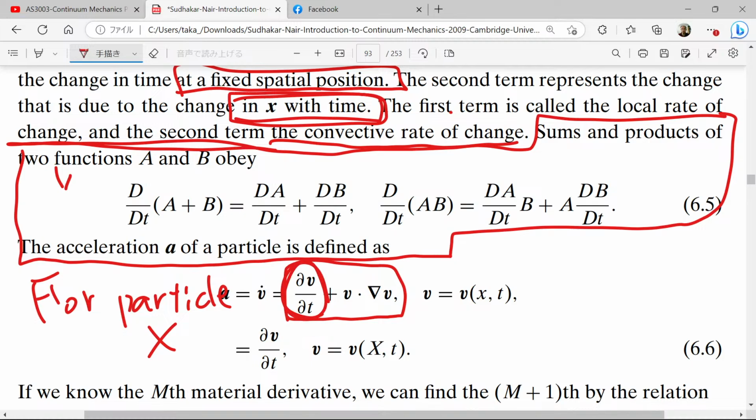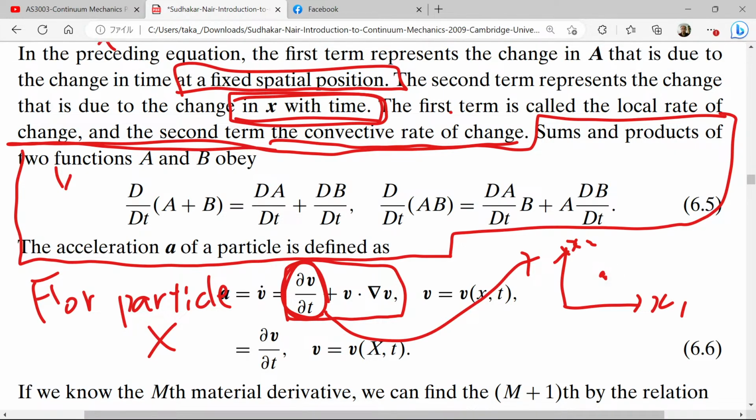So this one, particle change. The spatial position is fixed. So x1, x2, and we are talking about this particle. But this particle changes with time. So this particle at t and at t plus delta t, originally this was particle x, but then this will change to another particle because this is a spatial coordinate.